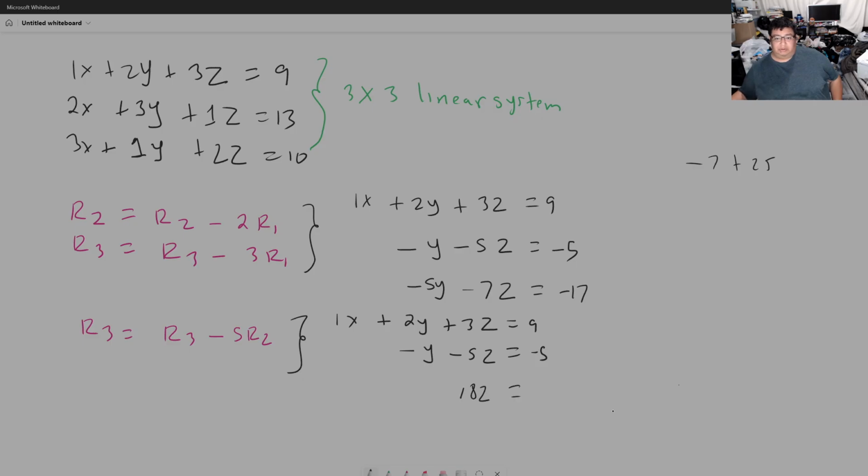Equal to, now we need to do negative 17 plus 3 times positive 5, which is positive 25.